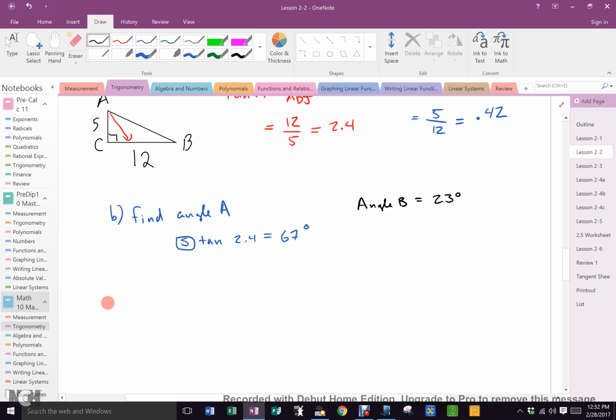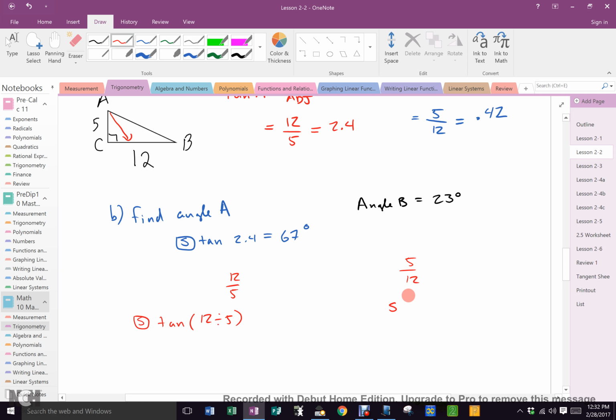Now, the next thing I need you guys to be aware of is how your calculator works. That's why it says, what did you have to type into your calculator? I'm not going to write anything there because my calculator might be different than yours. Please write what you did. Okay? Now, remember, 2.4, you could have left it as 12 over 5. And you could have left this as 5 over 12. Which means you could have done shift tan bracket 12 divided by 5.